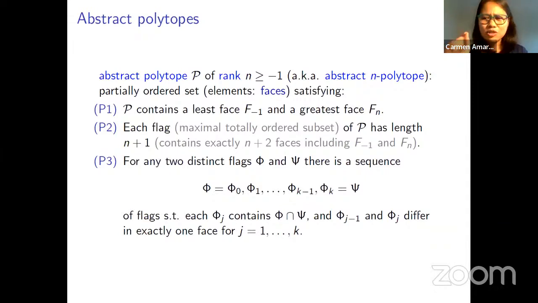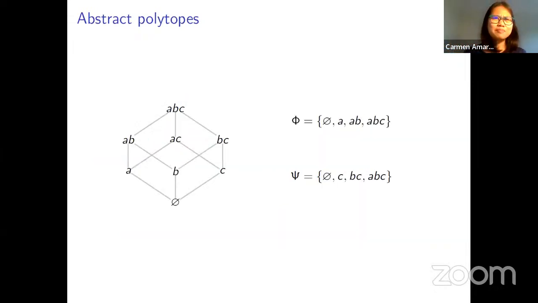So, medyo complicated siya. Let's illustrate that. Let us look at the triangle again, the poset for the triangle. Let us look at the flag phi consisting of the null set, the vertex A, the edge AB, and the triangle ABC.